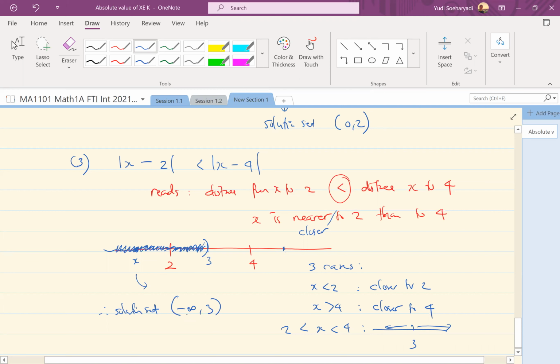Okay, no squaring needed. Although you can do squaring for this one. Why can you use squaring? Because both sides are non-negative.